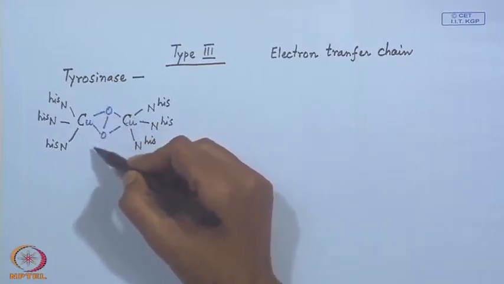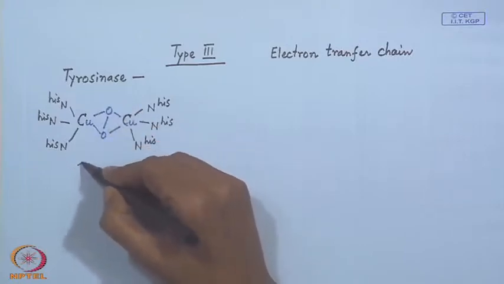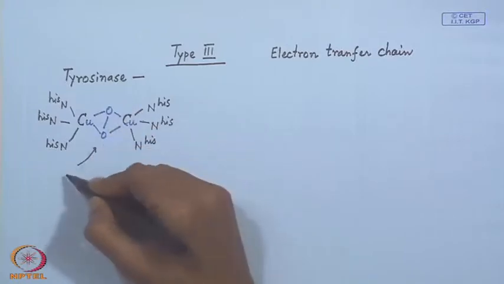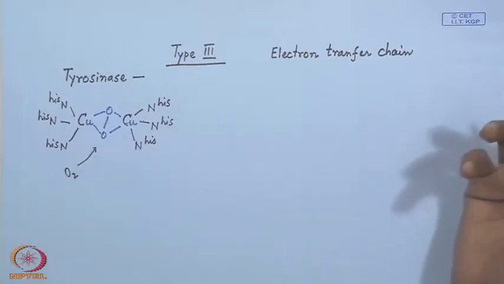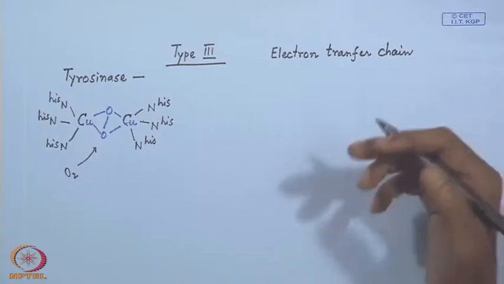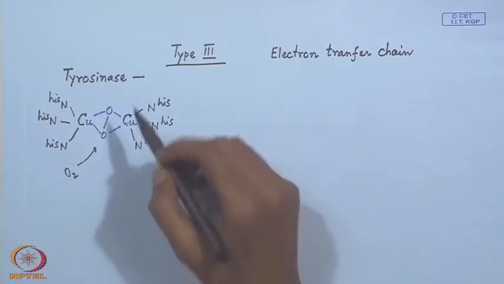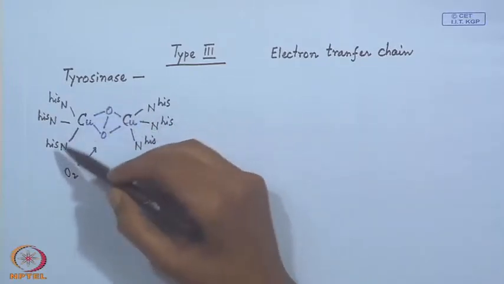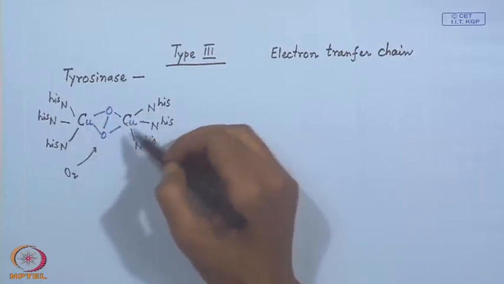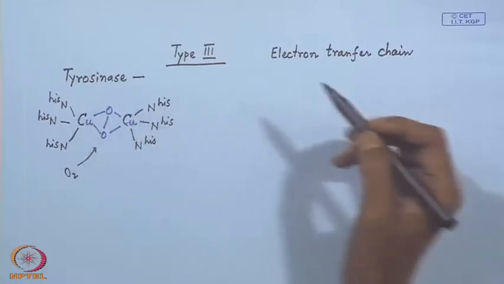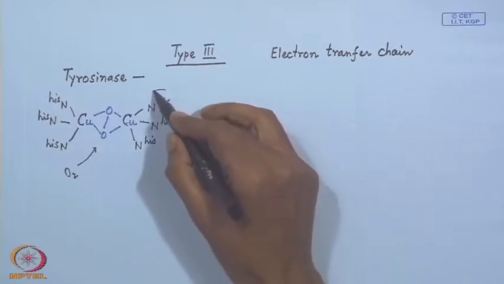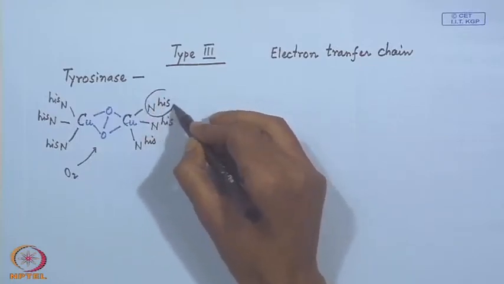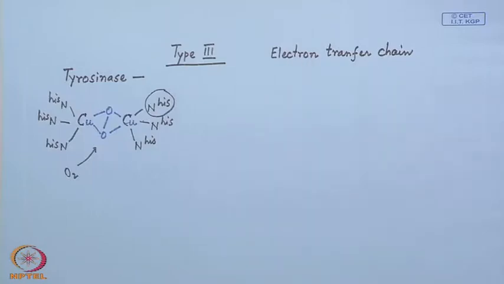This is typically the dioxygen molecule, it can be your O2 from the air or O2 from some other source. And around these, when both the copper centers are pentacoordinated, this particular histidine nitrogen plays some important role that we have seen.